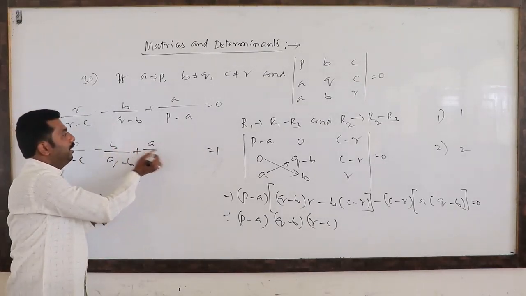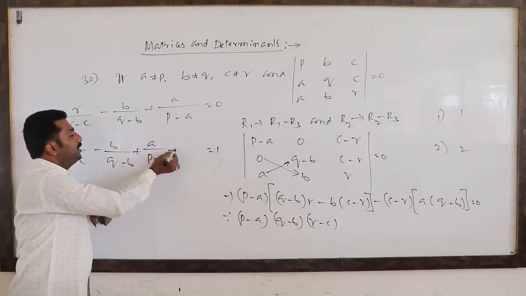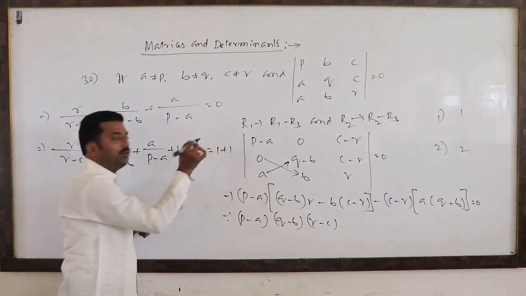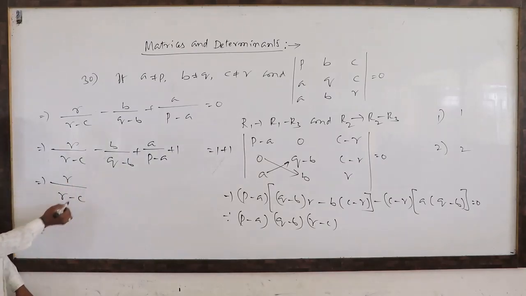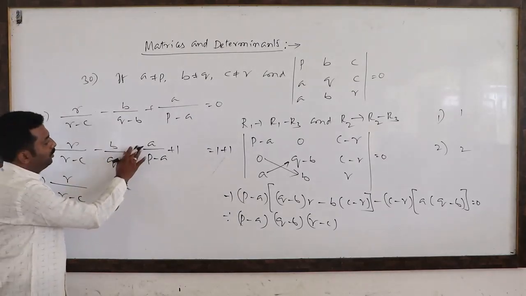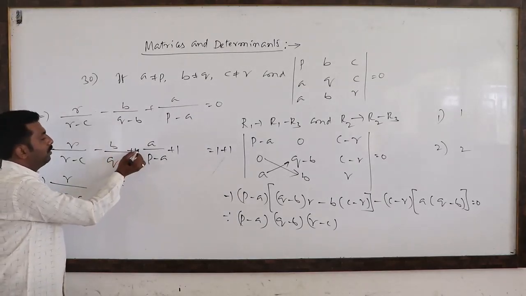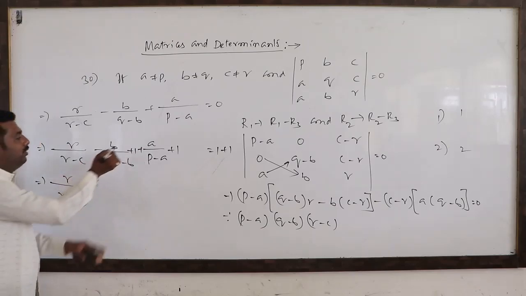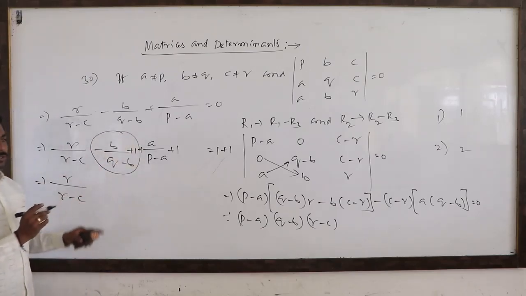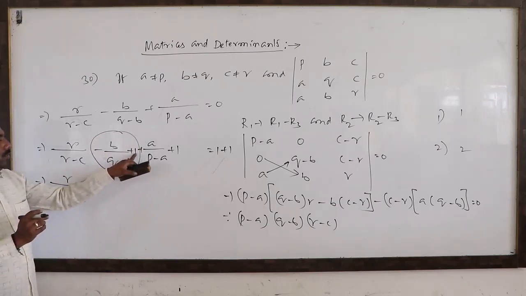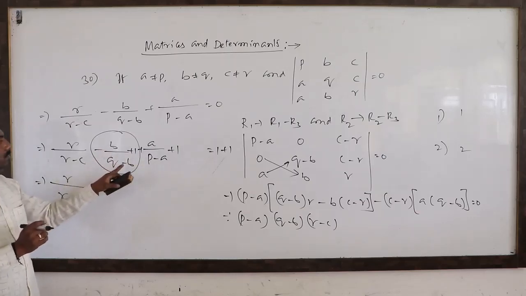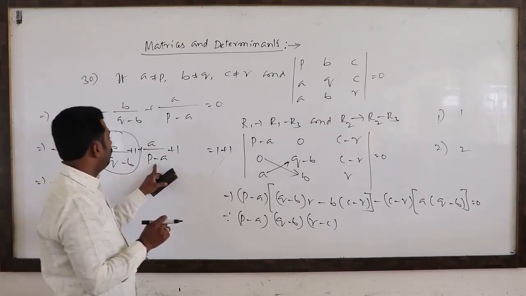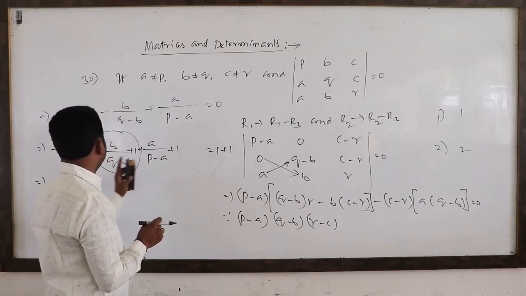Next, A by P minus A plus 1, here also one more 1 I am adding. So you observe, this is R by R minus C, plus 1. If you simplify these two, Q minus B, so already minus B is there. So then what will we get? P minus A plus A.